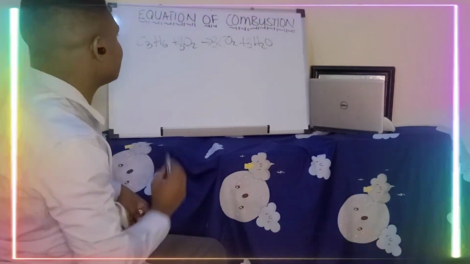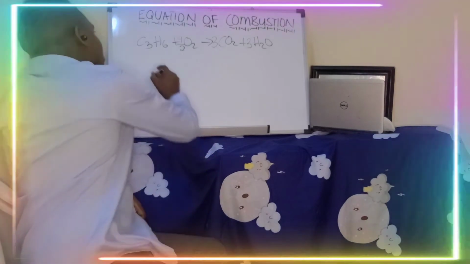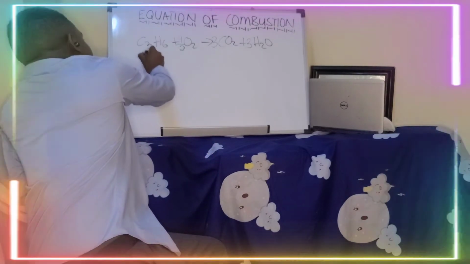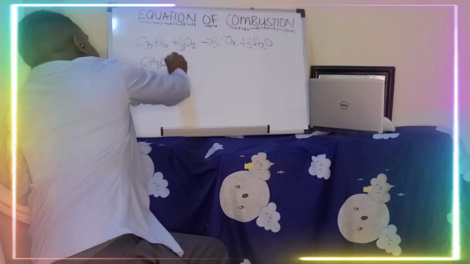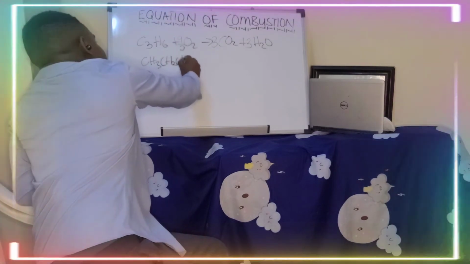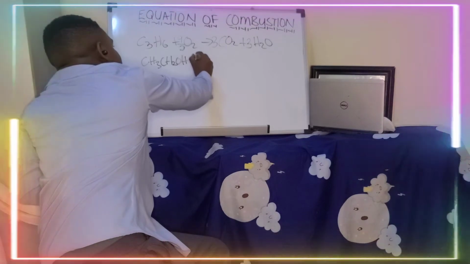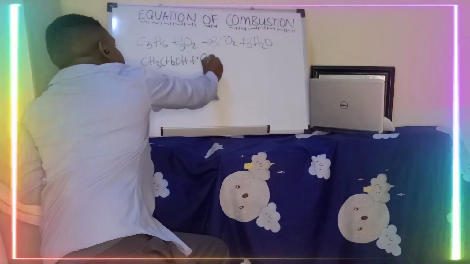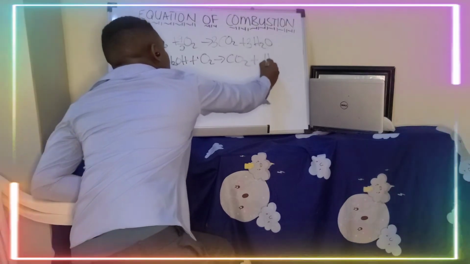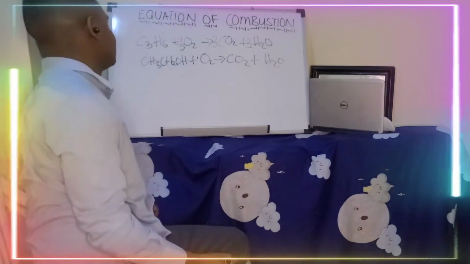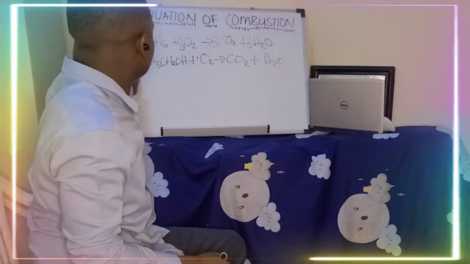So we're going to try the same thing on the alcohol. If you've got your alcohol, for instance, CH3CH2OH plus oxygen, you get carbon dioxide plus water. Right, now how many carbons have we got?